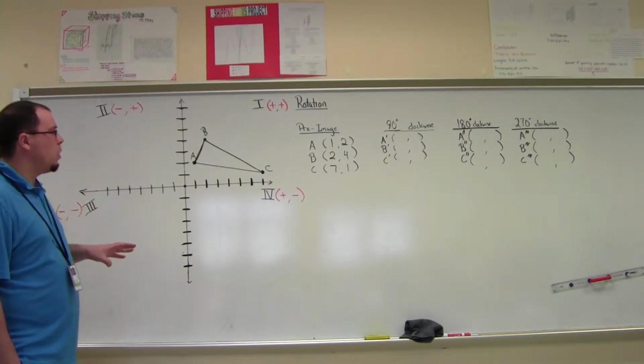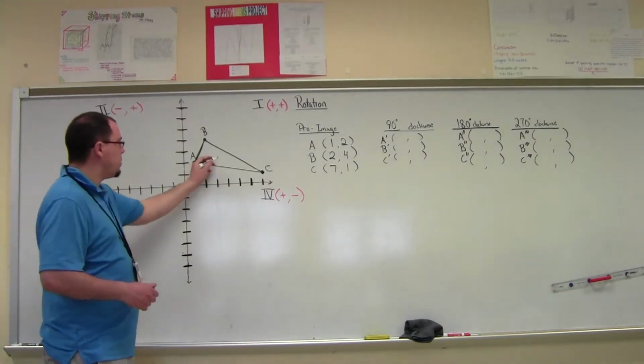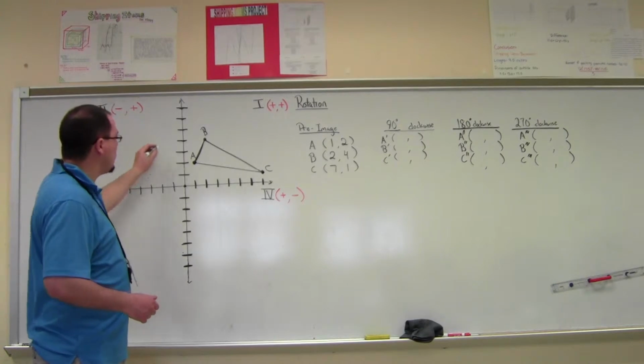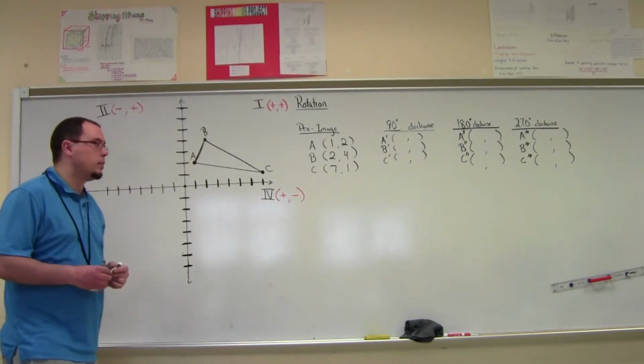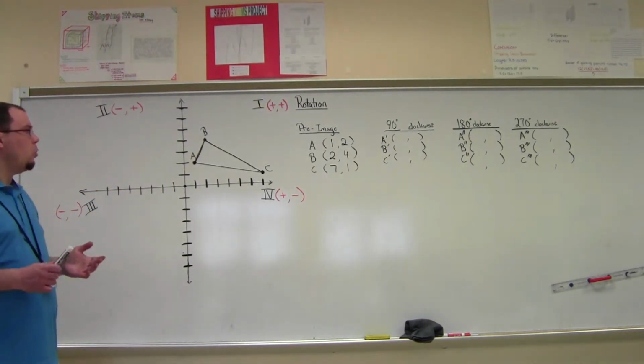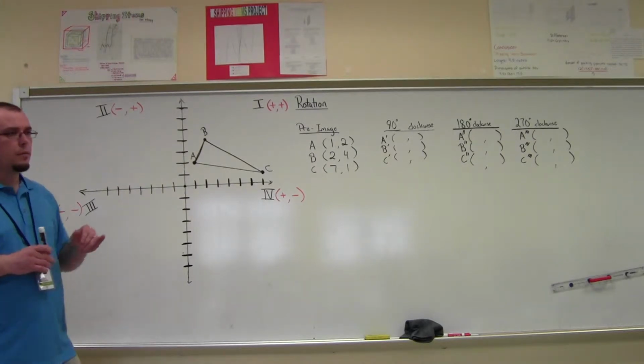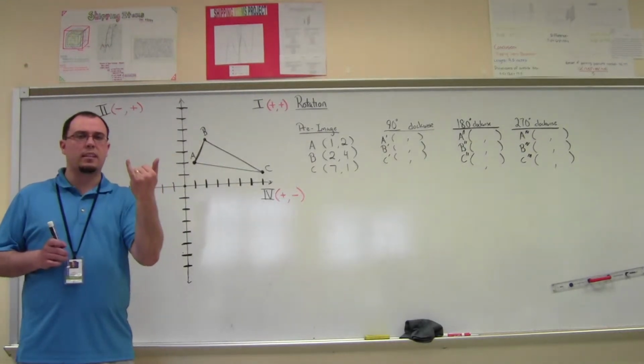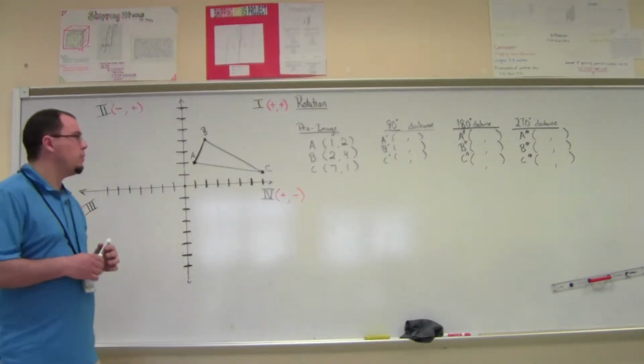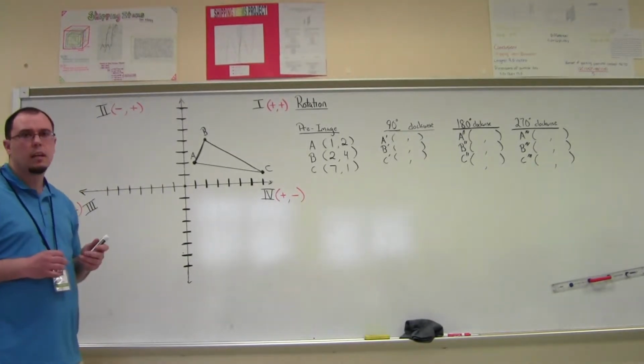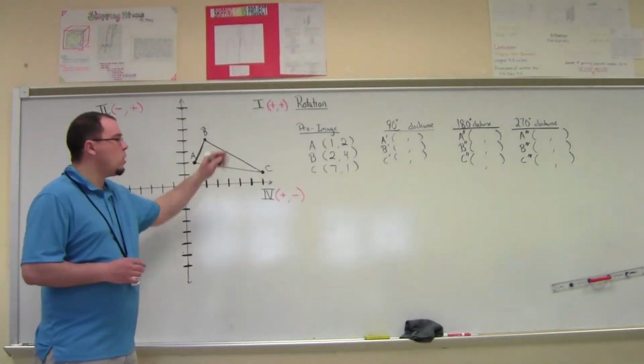Keeping that in mind, we're going to take this shape and rotate it clockwise. All we really need to do is flip the x and y values, just like we did with reflection, where we were reflecting across the diagonal line y equals x.